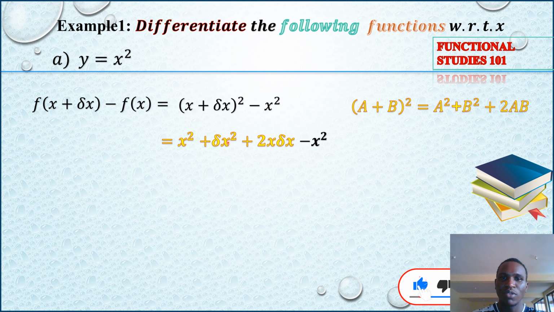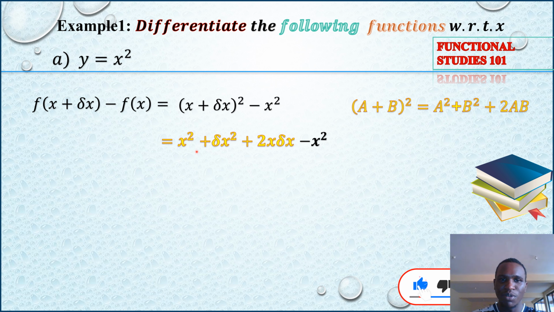Take note of the notation. Plus 2 times their product. If you forget this part, the answer is incomplete. So 2 times x times delta x. Then minus this term, which is exactly the f of x here.